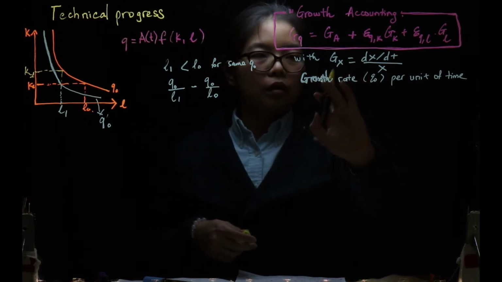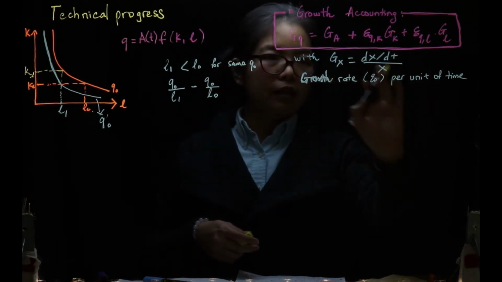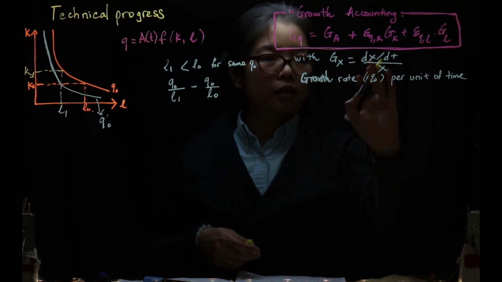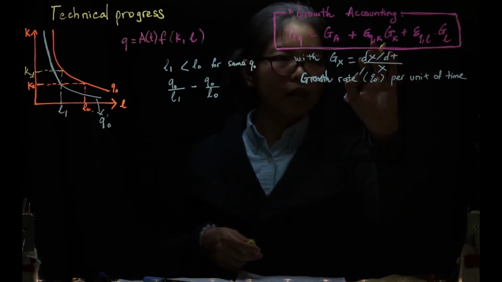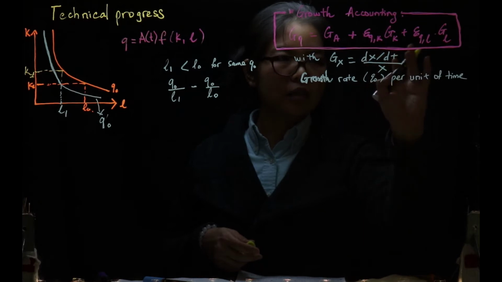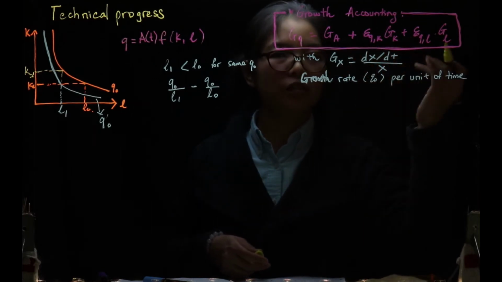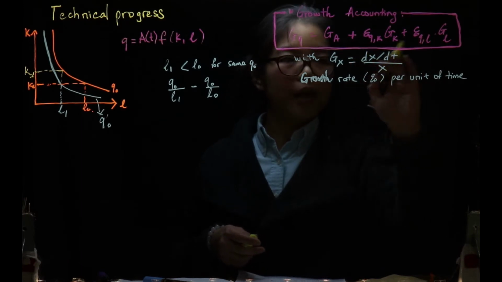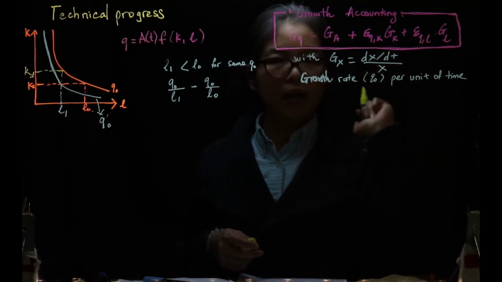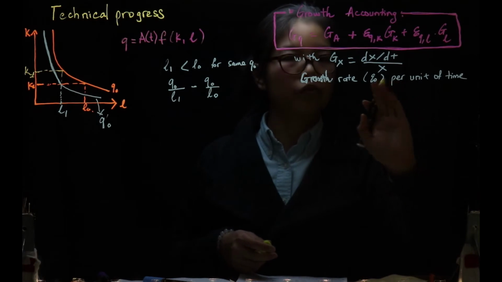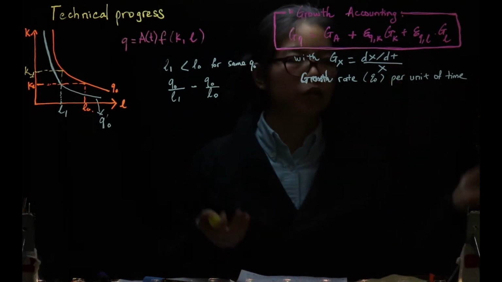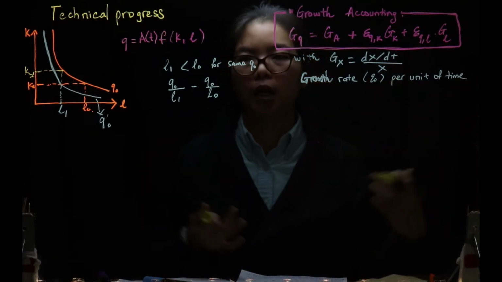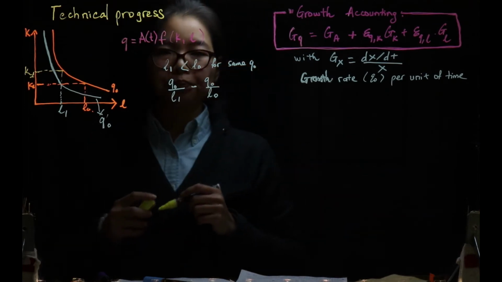Here we define the growth rate as the change over time of a variable, let's say x, so its derivative with respect to the time variable t, and then divided by the total amount of x. So that's the growth rate in percentage per unit of time, for example, per year, per month, per century.